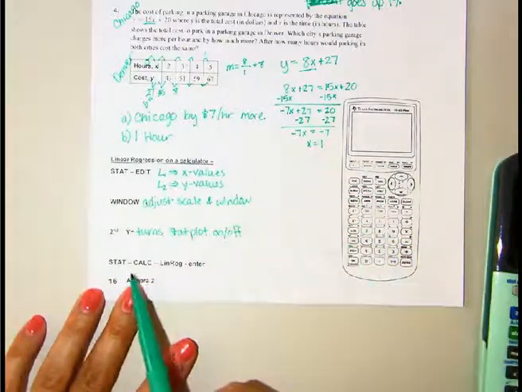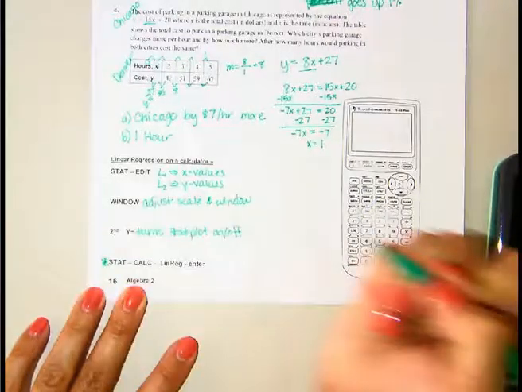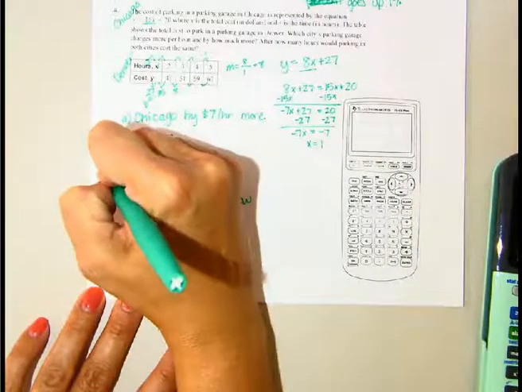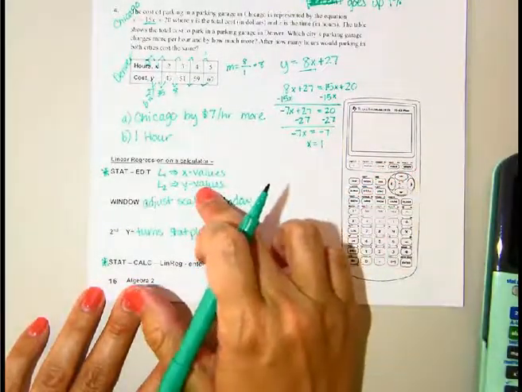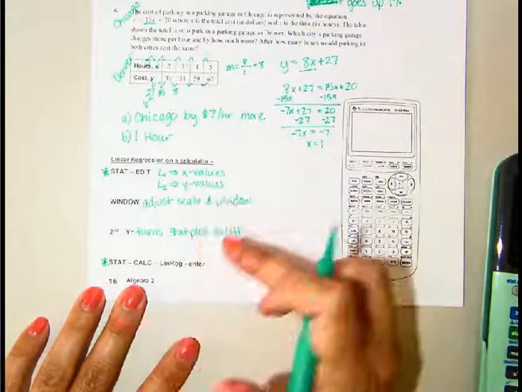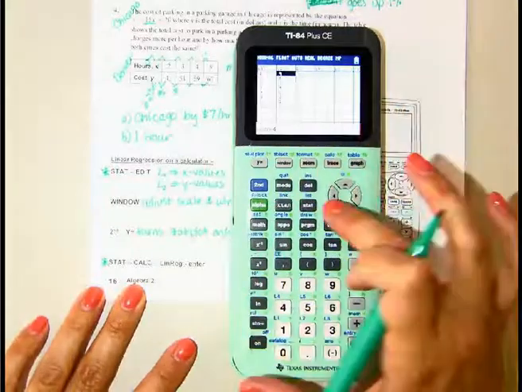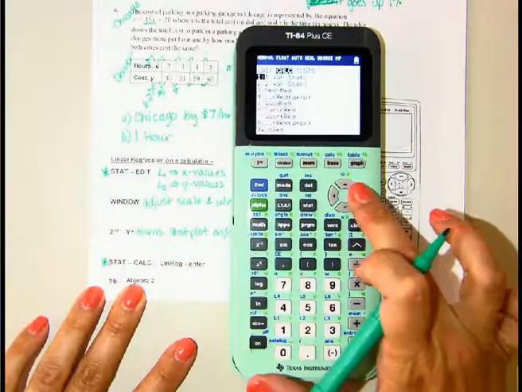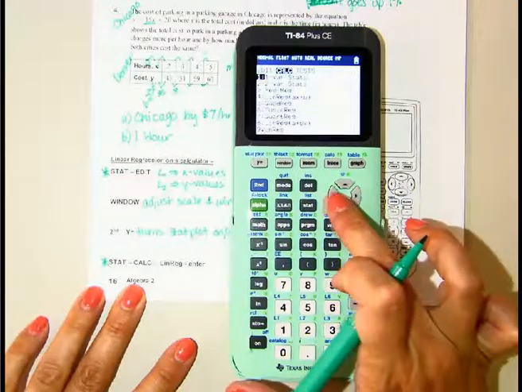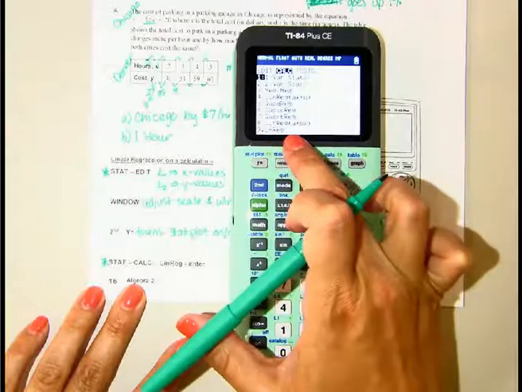Now this stat calc linear regression enter. This is kind of a big deal for what we're doing, and the stat edit is the main big deal. You have to do stat edit first, put in your values, and then you would push. I already had something in my values. So if I push stat, and you control over and go to that calc, and then if you look, number 8 says lin reg a plus bx.